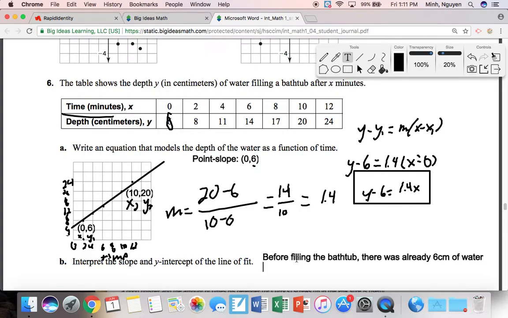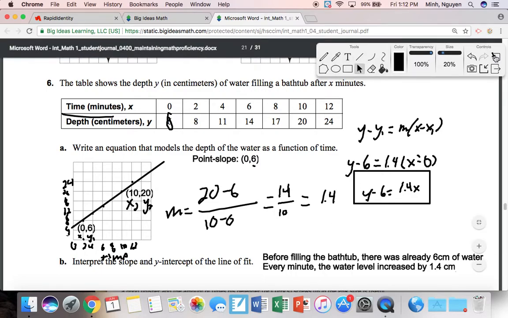And then the slope is every minute. So the slope is 1.4. So every minute, the water level increased by 1.4 cm. There you go.